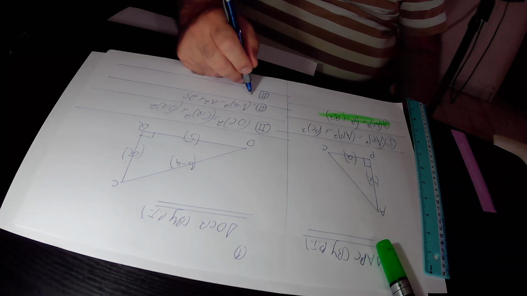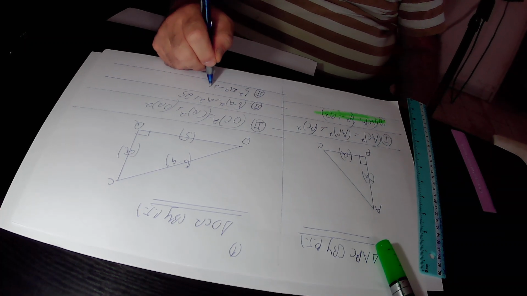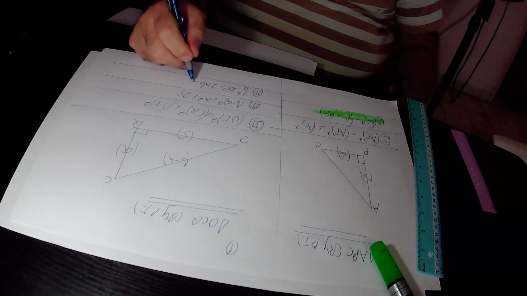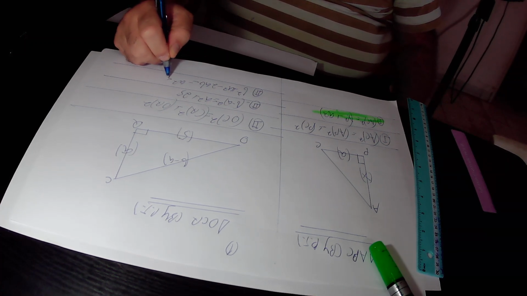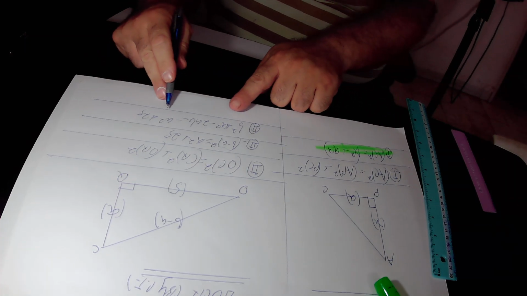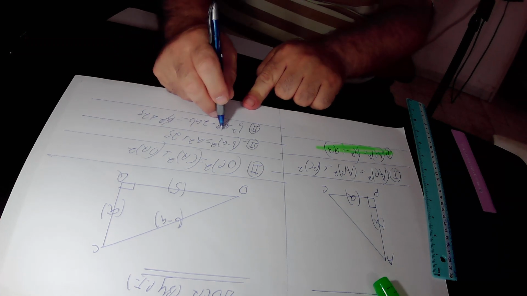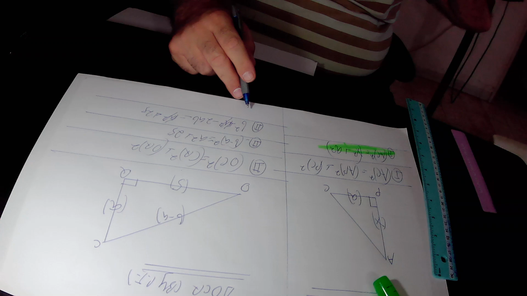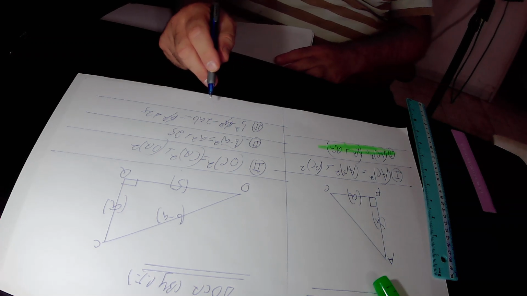B minus A squared is B squared plus A squared minus 2 times A times B, and it is equal to A squared plus 25. So here we have A squared on both sides of this equation, so A squared will get cancelled. After we cancel A squared in this side of equation 2, we are left only with B squared minus 2AB.